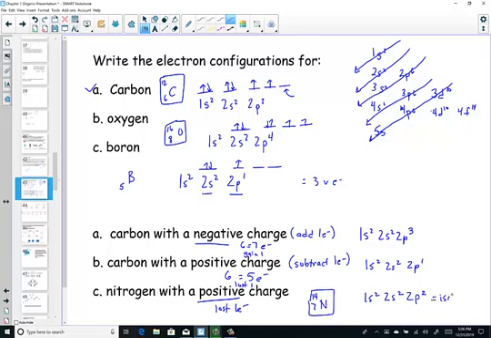By the way, that vocabulary word is called isoelectronic with carbon. In other words, a carbon atom and a nitrogen positive ion both have the same number of electrons, and that would be 6 electrons.